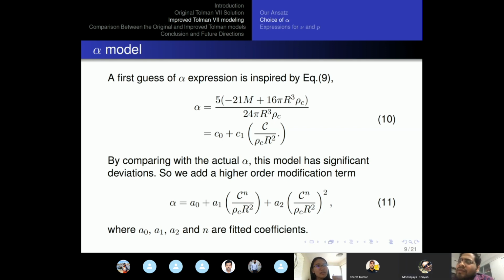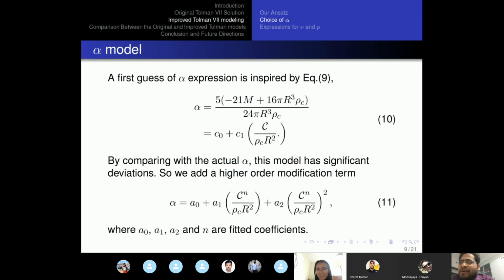The mass and radius are a function of the central density, and you can infer rho c from mass and radius. Okay, you just reverse these things, so the central density is also a function of mass and radius.